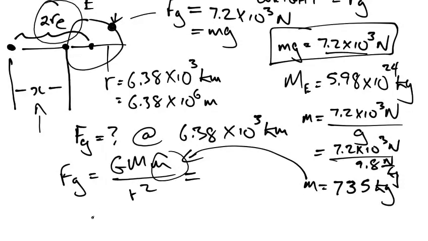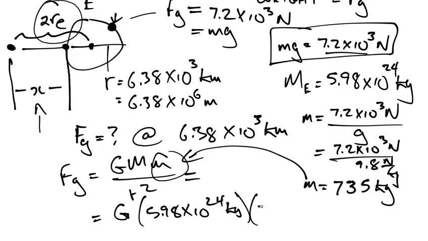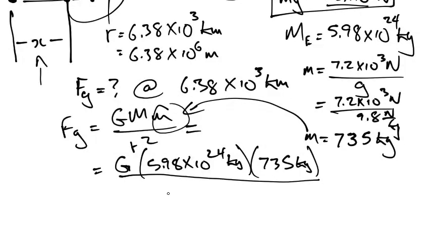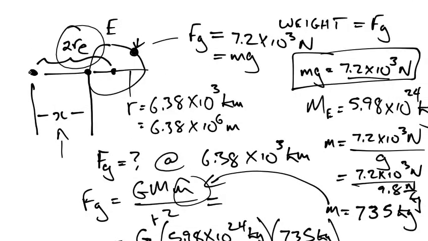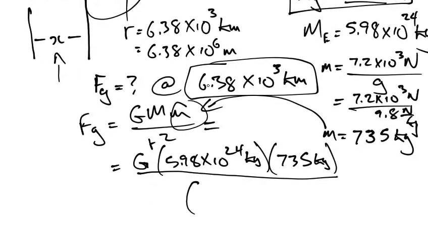So let's continue on. G times 5.98 times 10 to the 24 kilos multiplied by 735 kilos divided by, now the radius, remember, was 2 Earth radii away, because the question said it's 1 Earth radius above the surface, which is 2 Earth radii from the center.